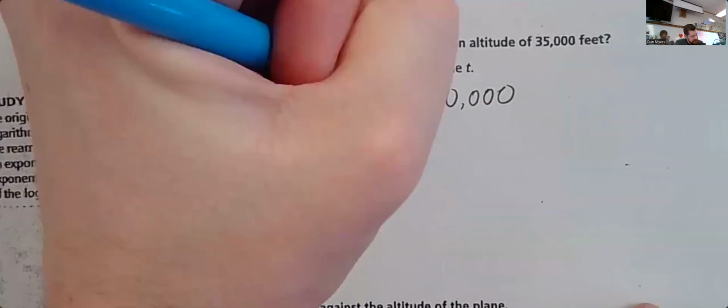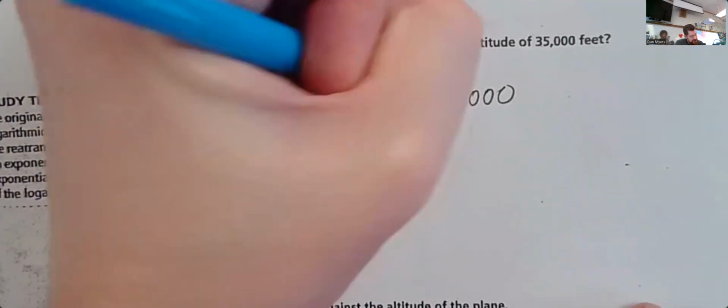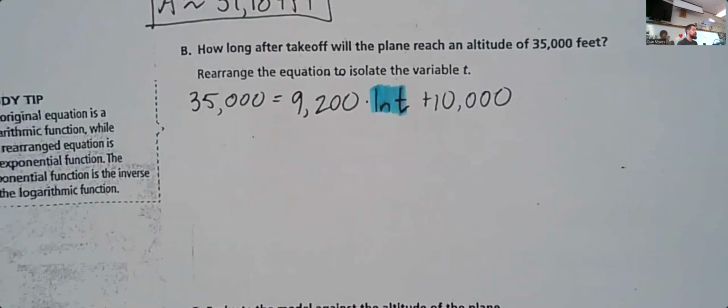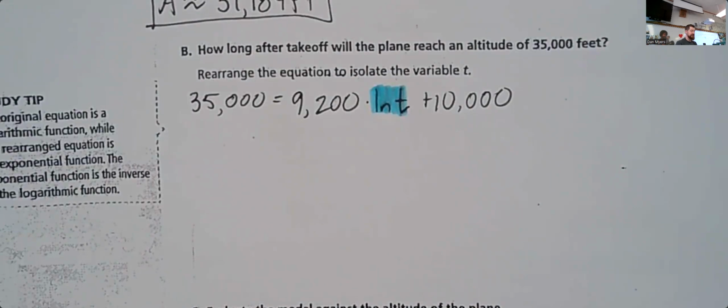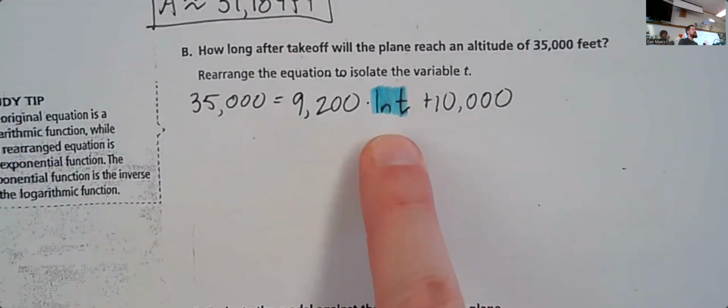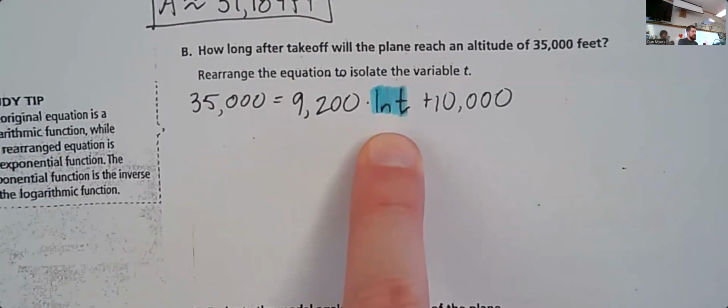We need to isolate this before we mess around with anything logarithmic. Do regular algebra until this is isolated, then we can convert into exponential form from logarithmic form, okay? So right now, this is all written in logarithmic form because it's using the natural log, which is base E. That just means log base E. And let's go ahead and just move some stuff around to isolate this first.